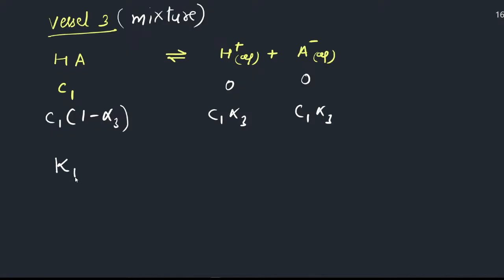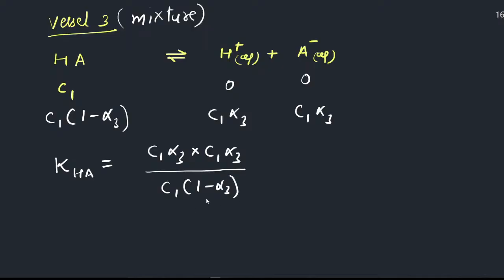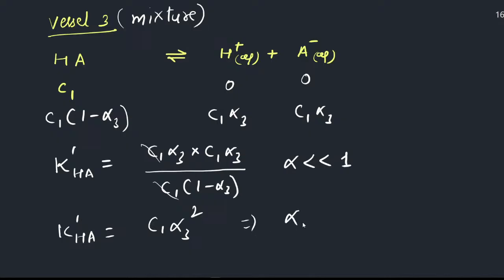So now KHA becomes H plus ion concentration times A negative ion concentration divided by C1 (1 minus alpha 3). Alpha is very, very less than 1. Again C1 cancels. C1 alpha 3 square equal to KHA dash. So alpha 3 becomes again square root of KHA dash by C1.